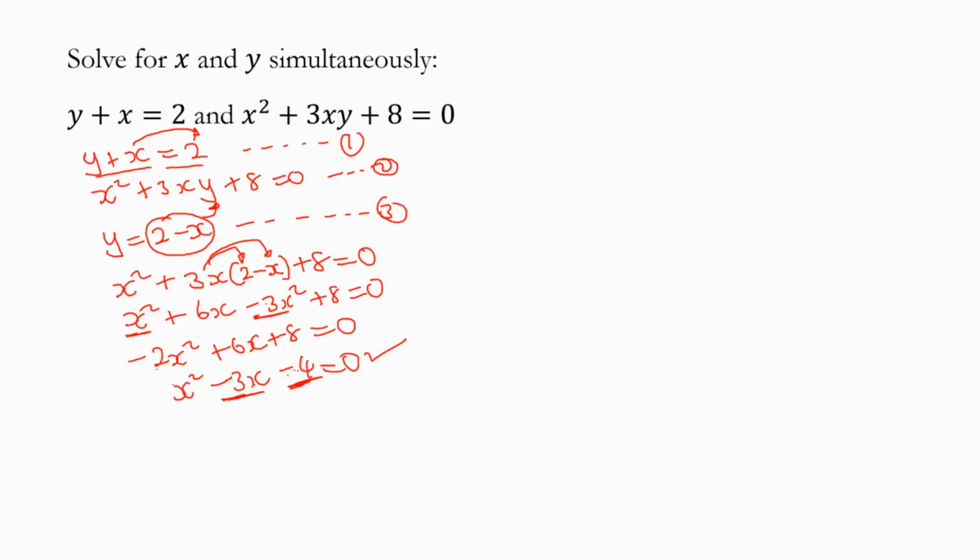So we have x minus 4, x plus 1. Negative 4 times 1 will give us negative 4. Negative 4 plus 1 will give us negative 3. So therefore, x is equal to 4 or x is equal to negative 1.